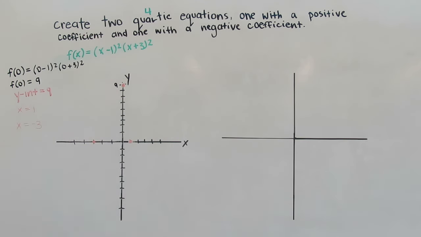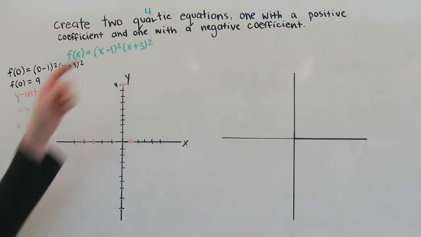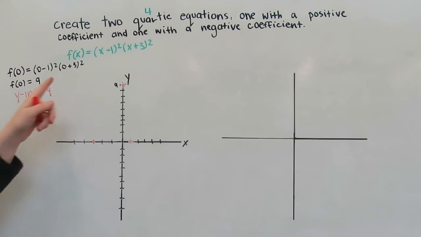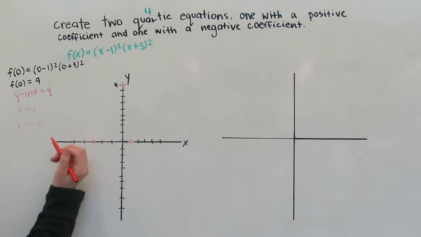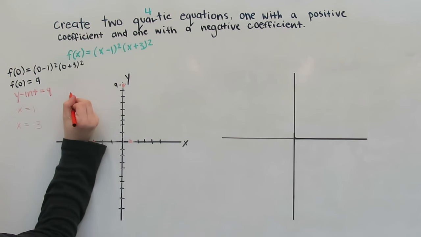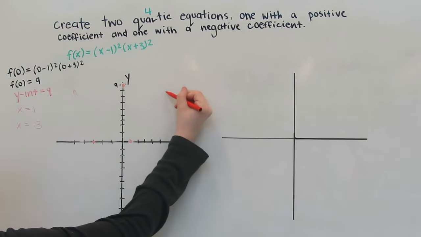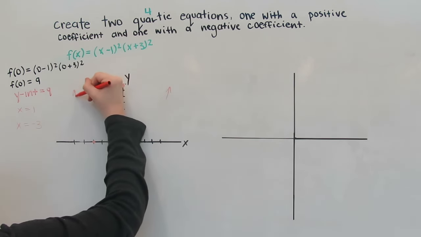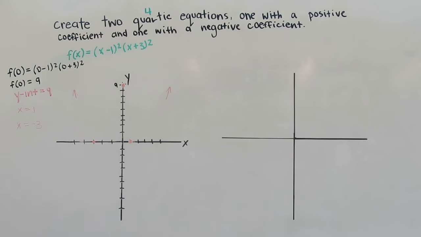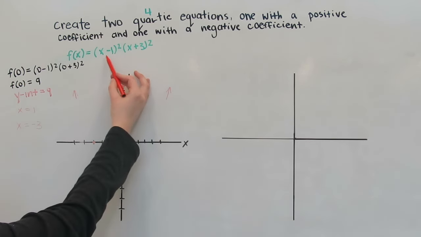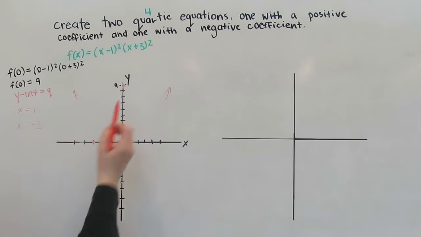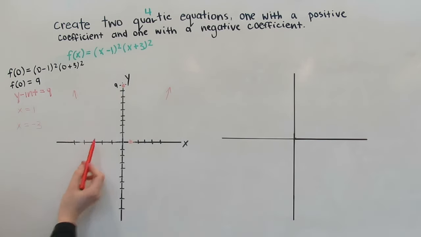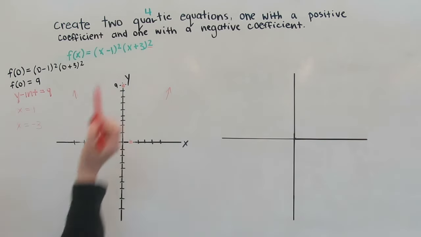How to connect them? So we know that this function is a quartic function, and it is also positive, which means its end behavior, if we can recall, will go up on both sides. So now to connect them, we know that when x equals negative 3, there will be a bounce due to the order of 2.